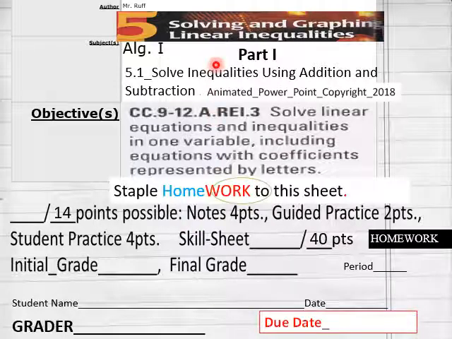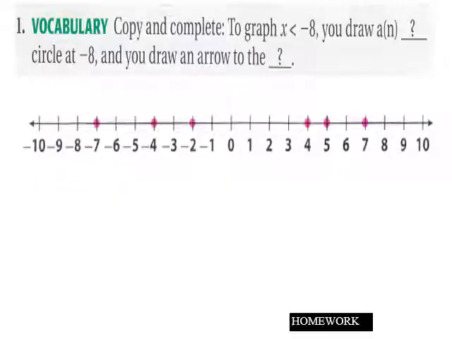Here's our homework for lesson 5.1. Have a grader. Get a correction PowerPoint, and then you can have the whole class grade this homework, teachers. To copy and complete the graph, x is less than -8, draw an open circle at -8 and draw an arrow to the left.